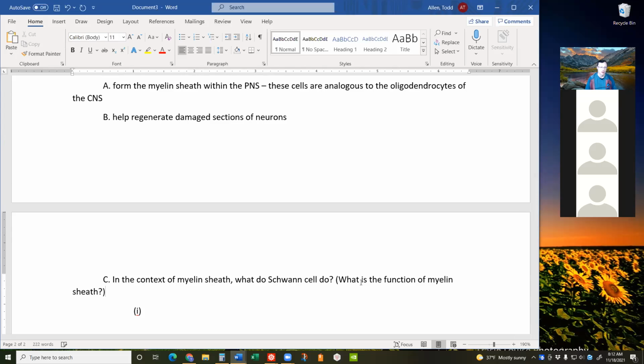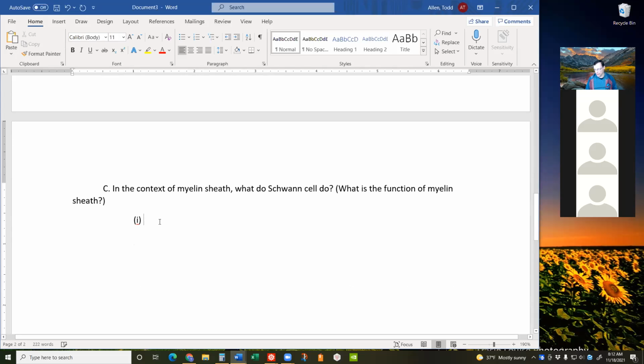The function of myelin sheath, both in the central nervous system and in the peripheral nervous system, is to basically accomplish several goals. First off, if you take a look at figures 12.7 and 12.8, you will see the myelin sheath.